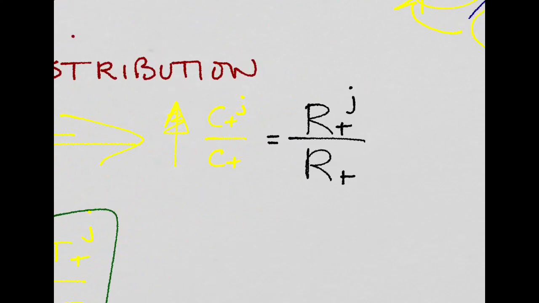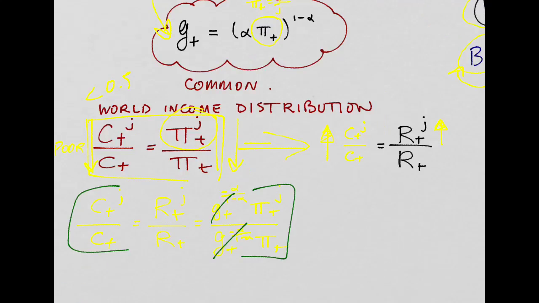But as bubbles are introduced, you're able to gain a lot more return, and your consumption relative to the average improves. So this extra return coming from the bubble in countries that are very unproductive allows them to consume more, and the world income distribution gets better.